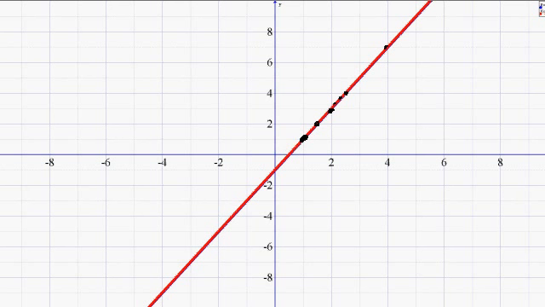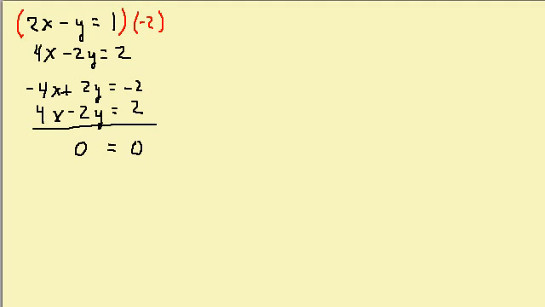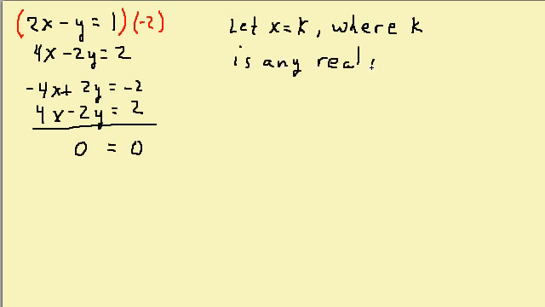So what we do, instead of plugging in all the real numbers for x and getting our y value, is we say let x equal k, the letter k, where k is any real number.